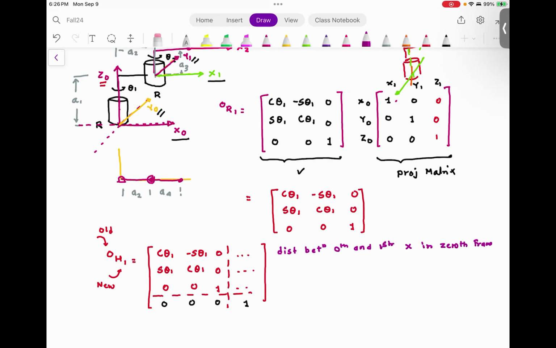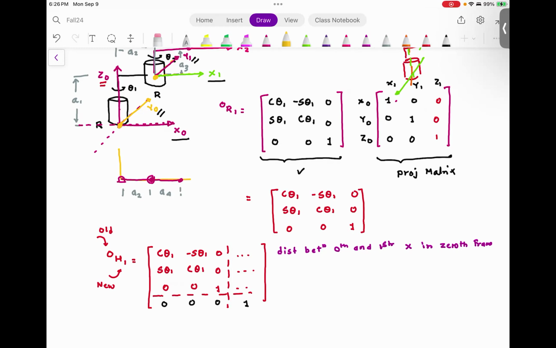So what I want is the distances between the old frame and this frame, but they should be in the previous coordinate system.